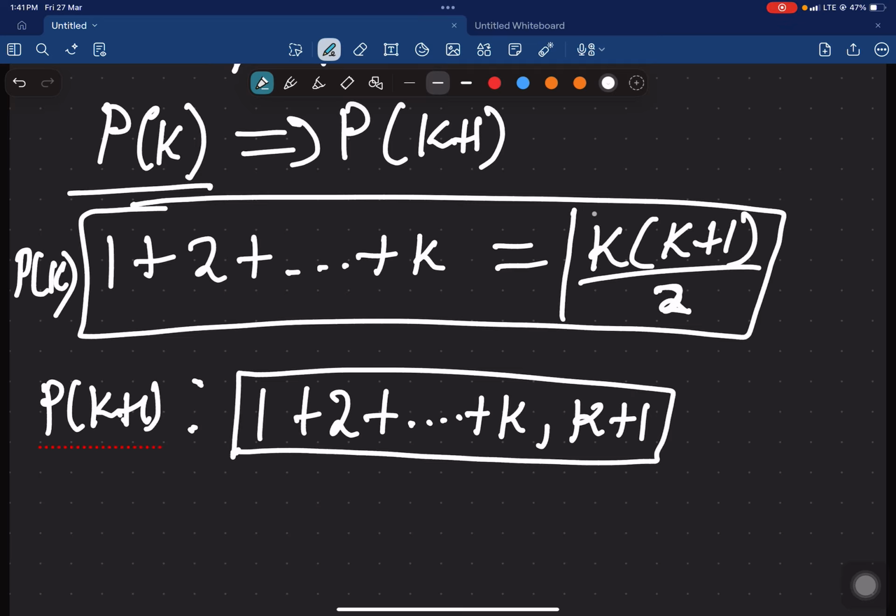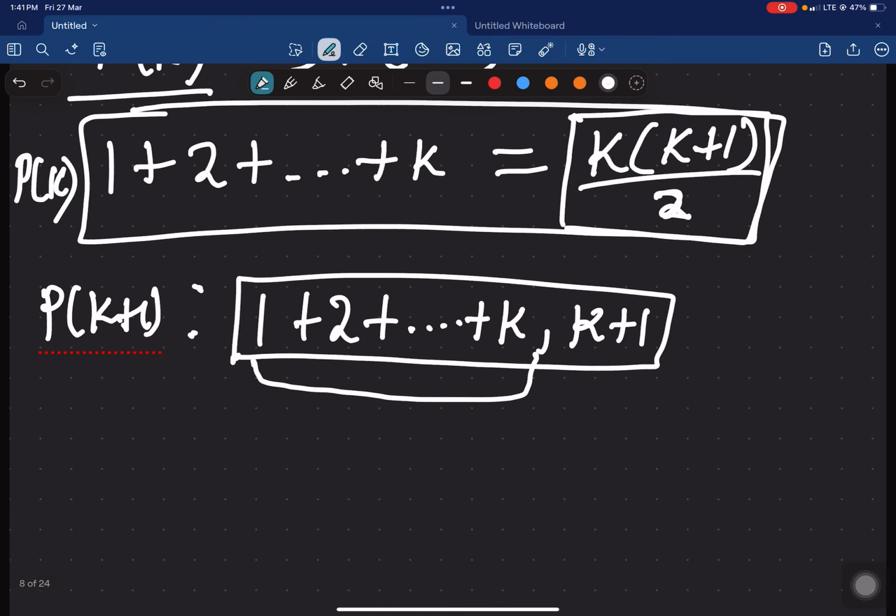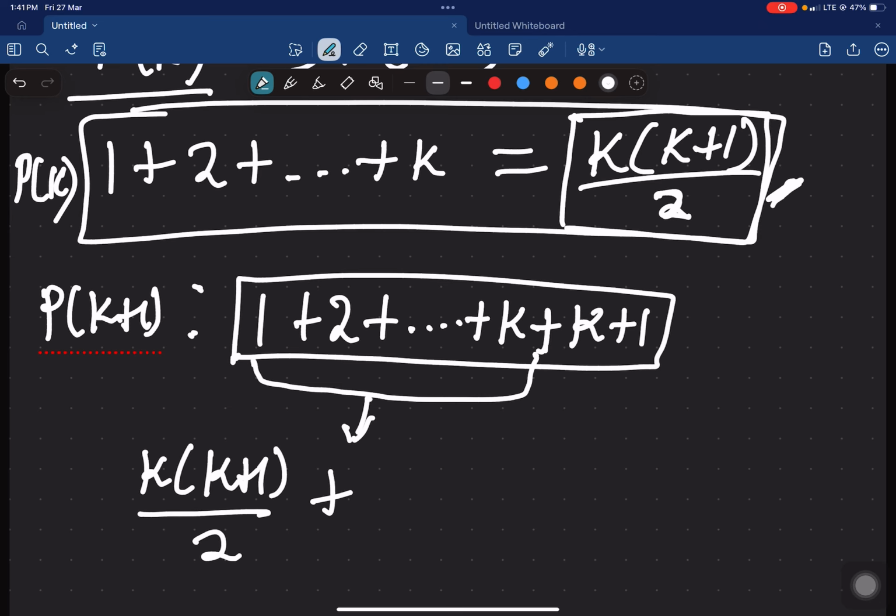If we are able to arrive at an expression that is similar to this, then our implication is true. Now when we look at this series from 1 all the way to k, it has been defined by the expression k multiplying k plus 1 over 2. So we can rewrite this to look like k into k plus 1 over 2, plus k plus 1.